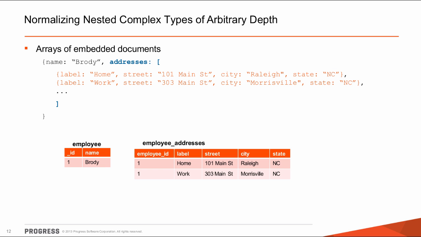And this can go on and on and on. It's important to note that our solution here can normalize arbitrarily deep arrays and arbitrarily deep documents in the JSON document in the MongoDB collection.